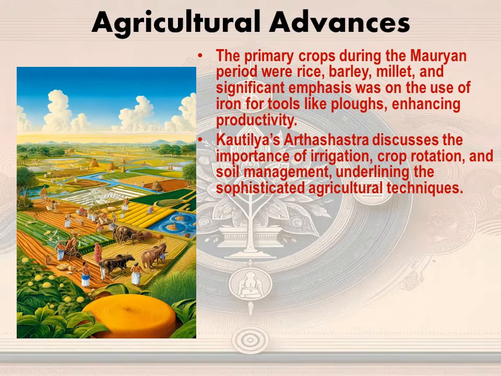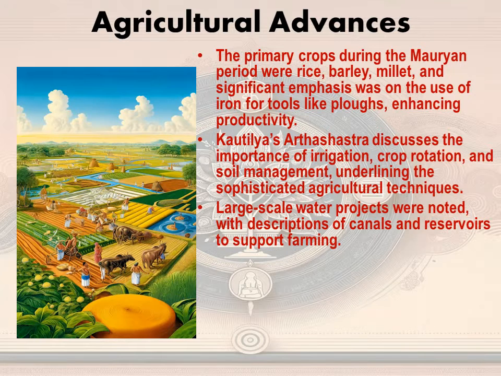There was crop rotation, meaning a single plot of land could not be kept for a single kind of cultivation only, and also there were proper efforts towards soil management so that the soil does not lose its fertility. Thus we get an underlining regarding the different kinds of agricultural advances during the Mauryan period.